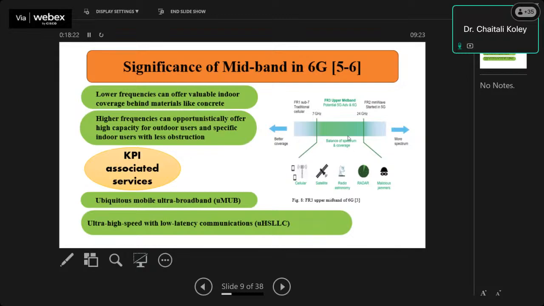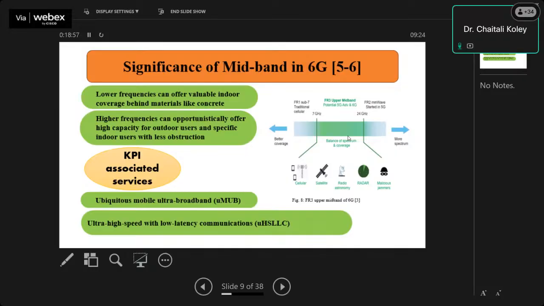This band is one of the important bands. It is useful to provide KPI type of services, which indicate whether improved service quality is being provided by the telecommunication provider, or whether the customer experiences any network degradation or not.